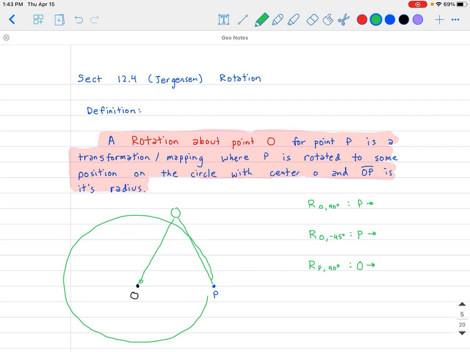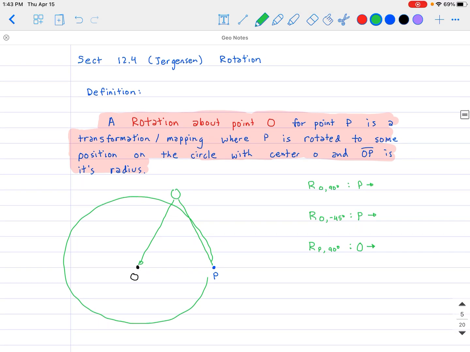O is the center, and OP is the radius. Somewhere on the circumference of that circle is the mapping of your point P. So whenever it comes to rotation, I need to give you the center you're rotating about and how much you're going to rotate the point.